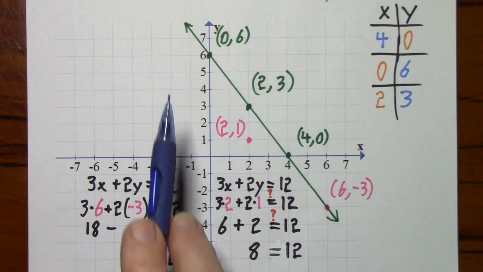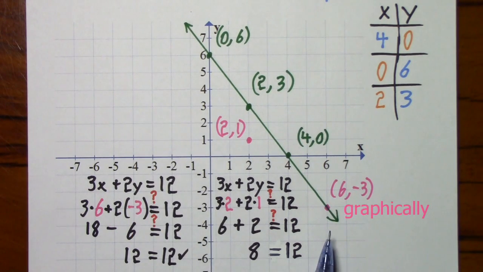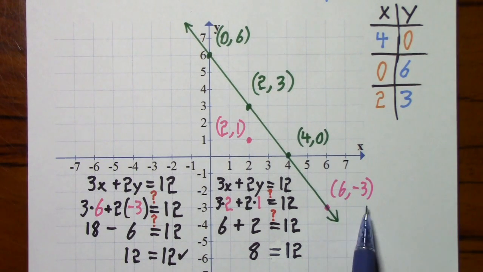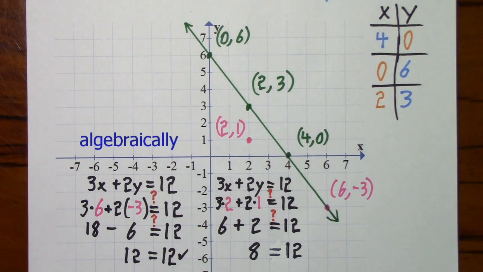Quick review. You can find a solution graphically by looking at the line that represents the equation. If you can identify a distinct point, (6, -3), you can check this point algebraically by plugging it into the equation. If you end up with a true statement, then the point that you plugged in is a solution to the equation.